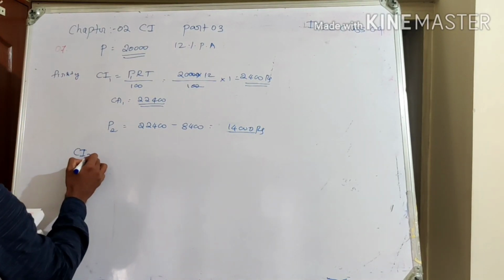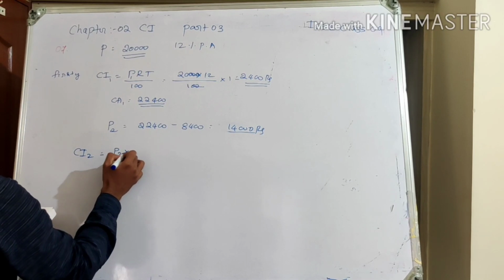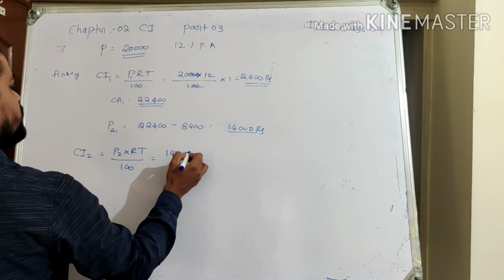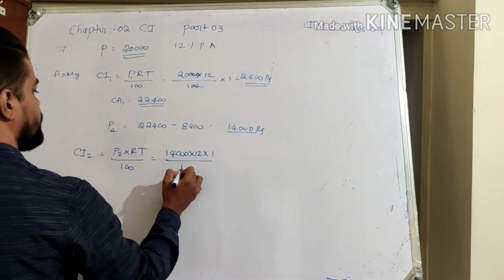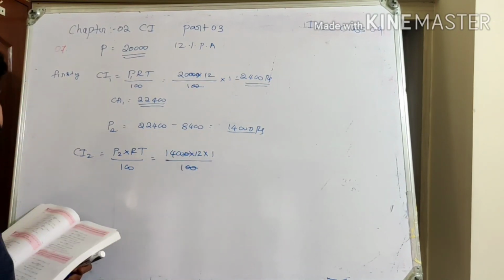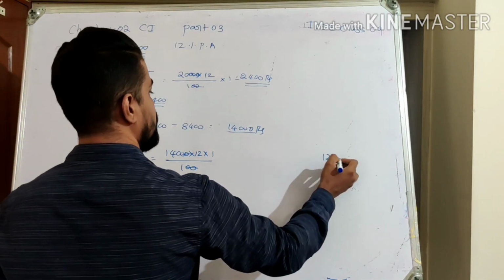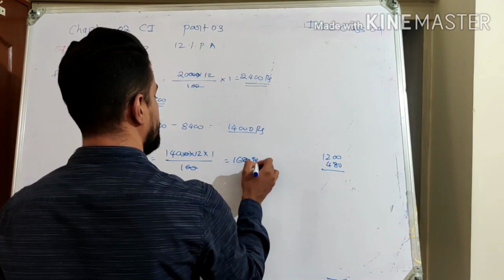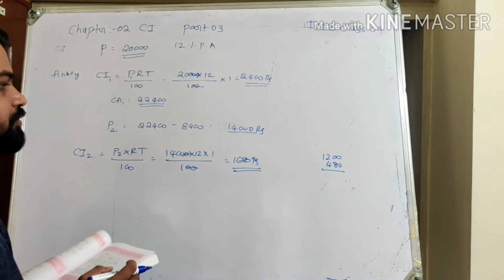The compound interest for the second year will be principal 2 into RT by 100. So that is 14,000 into 12 into 1 by 100. So 0 cancels. So we have 1,200 and 480, which is 1,680. That will be the interest for the second year. Okay.